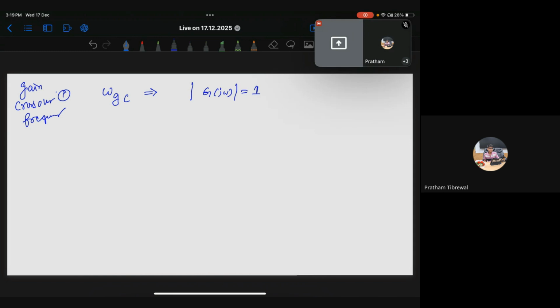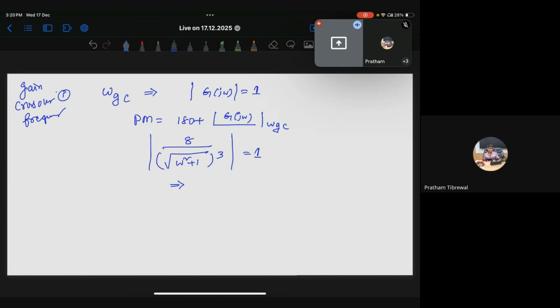Then the phase margin is 180 plus the angle at the gain crossover frequency. So if you find it, 8 by root over (omega square plus 1) whole cube equals 1.